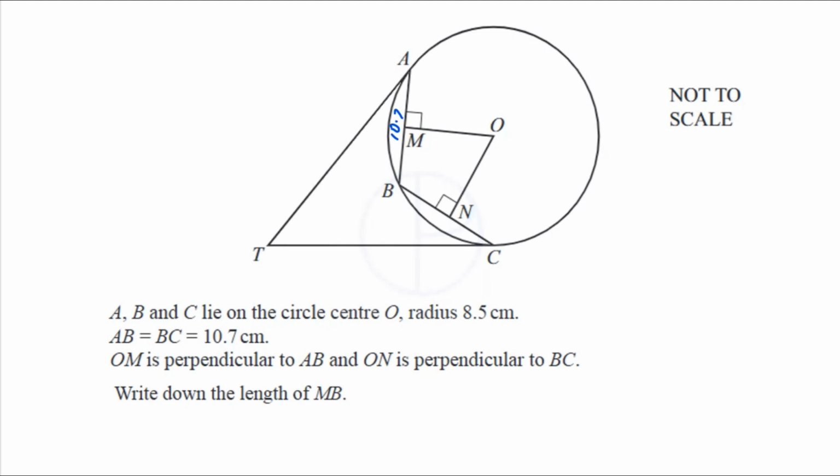That means OM intersects the line AB at the midpoint. That is, it bisects AB at M. So 10.7 divided by 2 is 5.35. So AM is 5.35 and MB is 5.35.